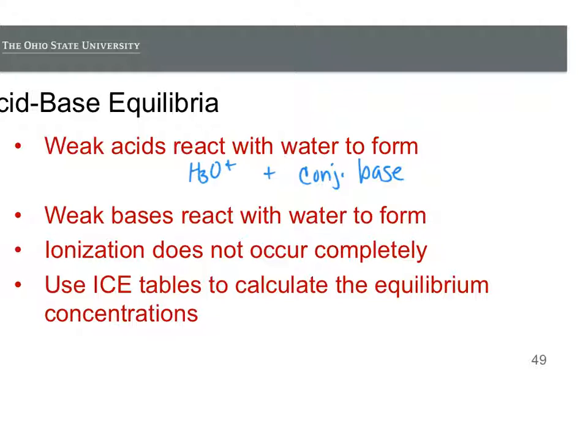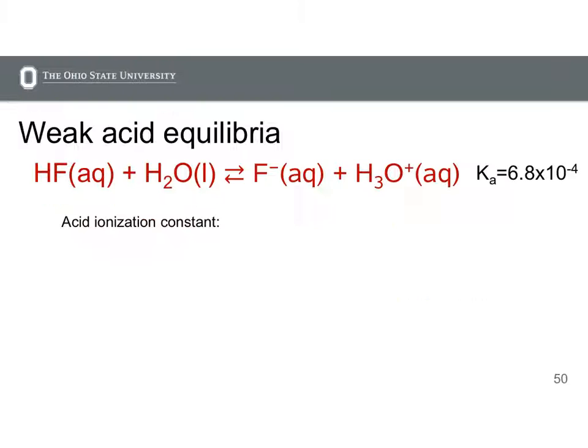It's essentially the same thing as a strong acid, except in this case, we're not going to completely react. With weak bases, we're going to form OH minus and the conjugate acid. Ionization does not occur completely. So we're going to have our equilibrium arrows, and with that, we're going to have to use ICE tables if we want to figure out equilibrium concentrations. So the problems get a lot more interesting.